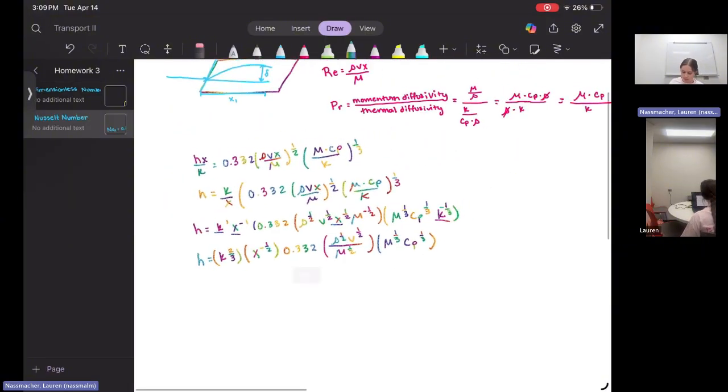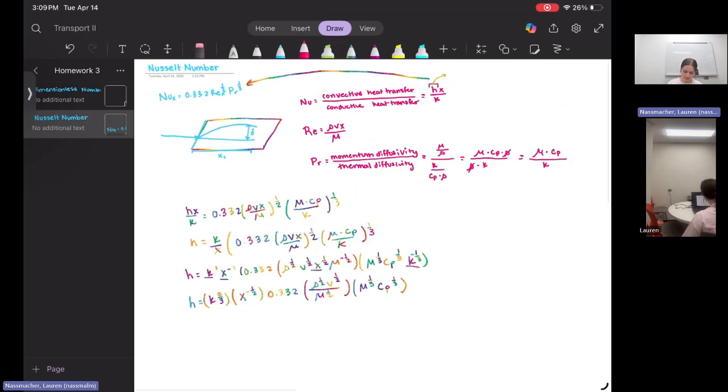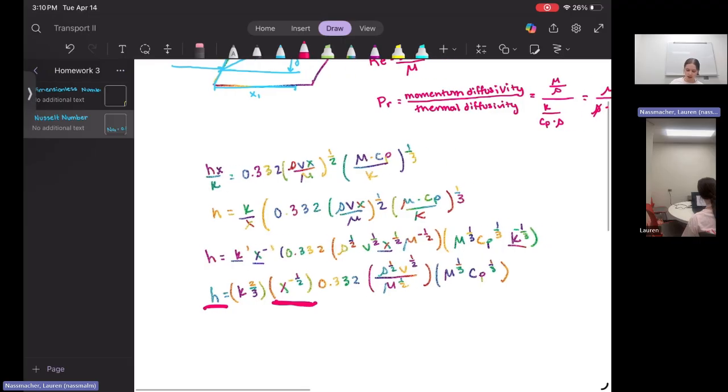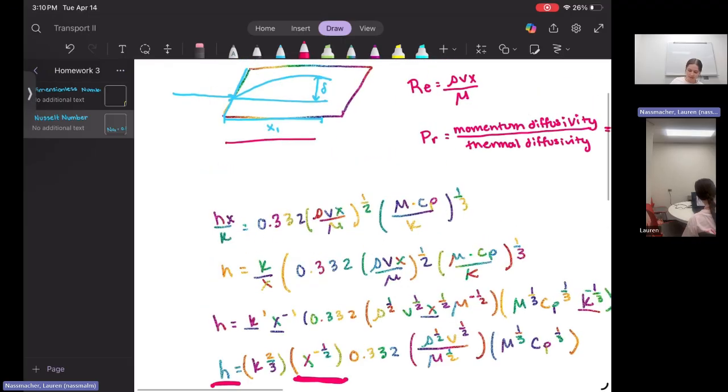So let's look at all of these components and let's see what affects our heat transfer coefficient the most. You'll notice that x is to the -1/2 power. So as the depth increases on our plate, our h will decrease, our heat transfer coefficient will decrease, and that's not what we're looking for. We're trying to maximize it.